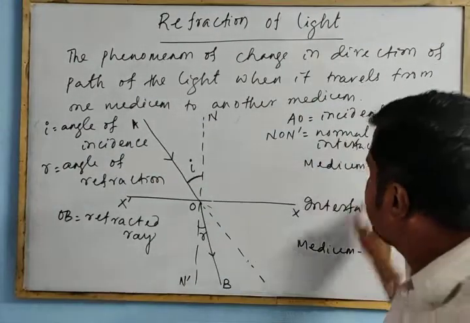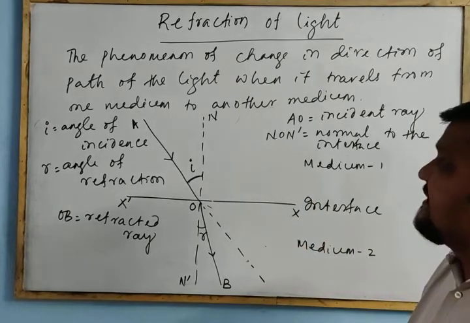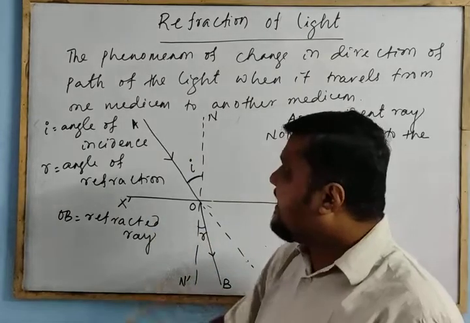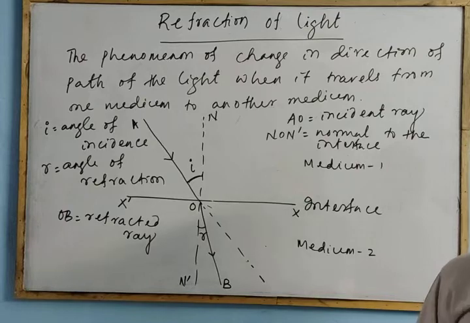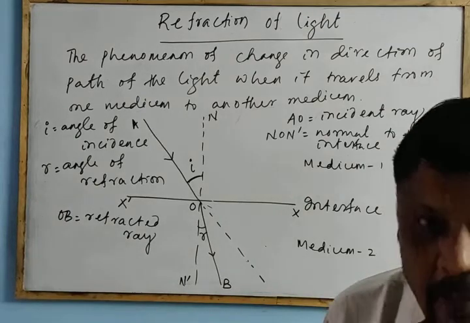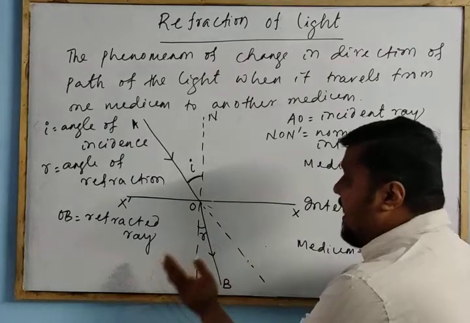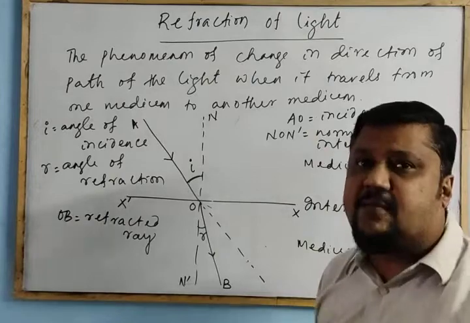So these are the terms we will consider in refraction: incident ray, normal to the interface, refracted ray, angle of incidence, angle of refraction. Right? Now, how does the ray bend toward the normal or away from the normal?